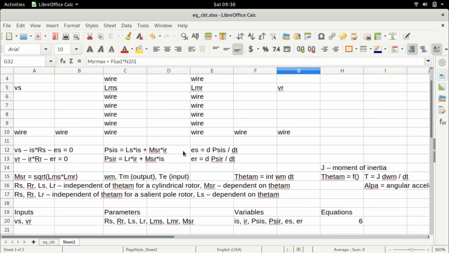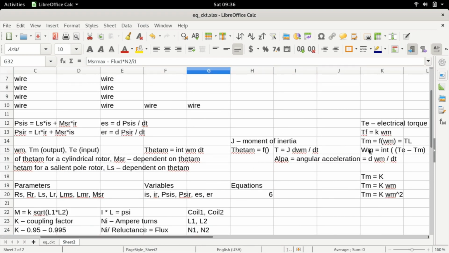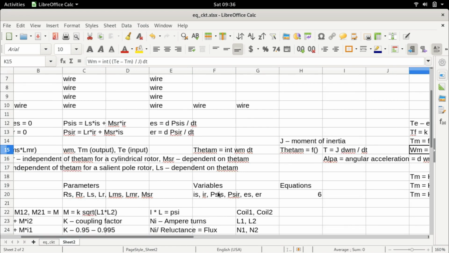So we have 1, 2, 3, 4, 5, 6, and we have the seventh one, which is the equation of the mechanical speed. So with all these, we now can solve this and actually build a simulation model.